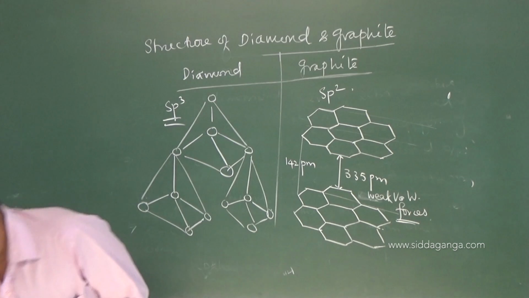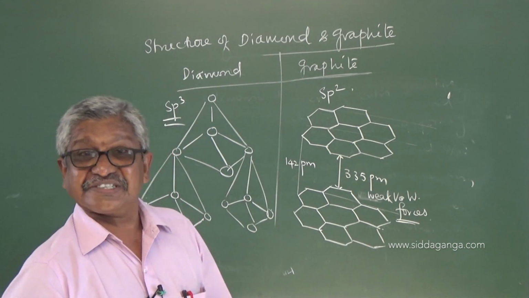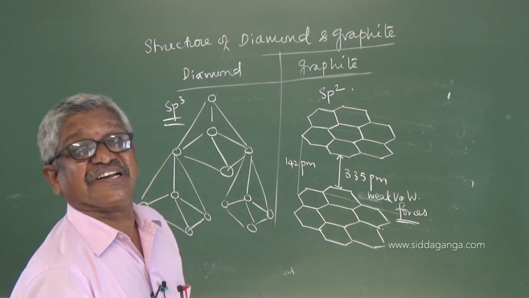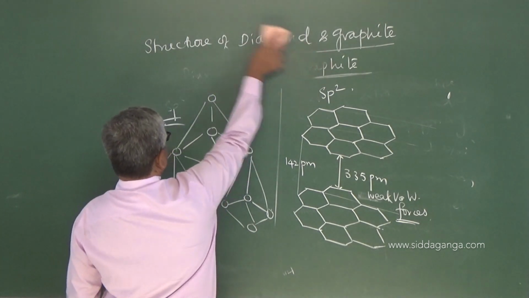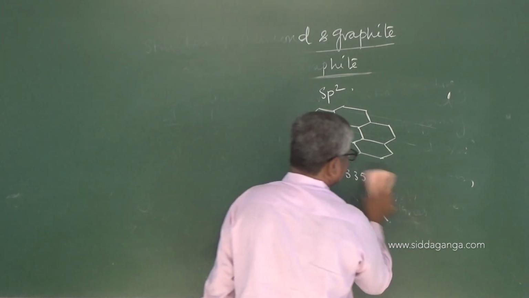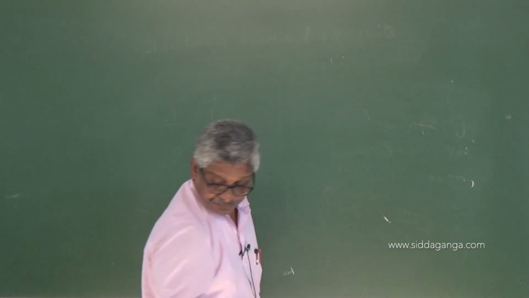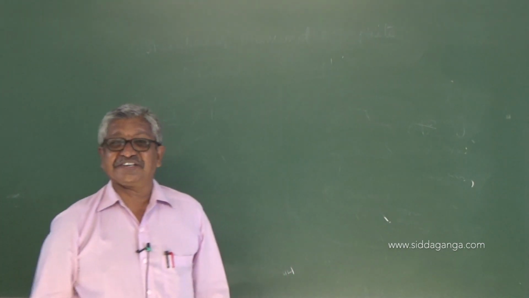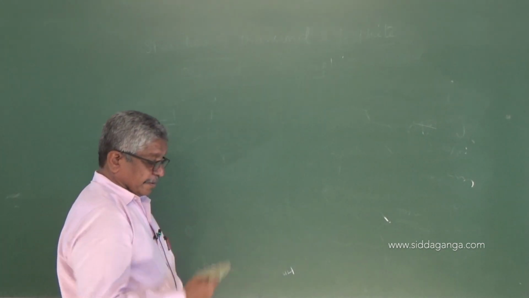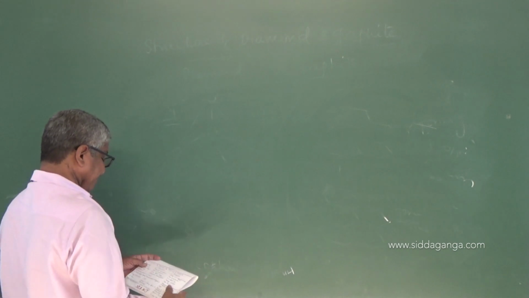Next it is comparison of properties of diamond and graphite.